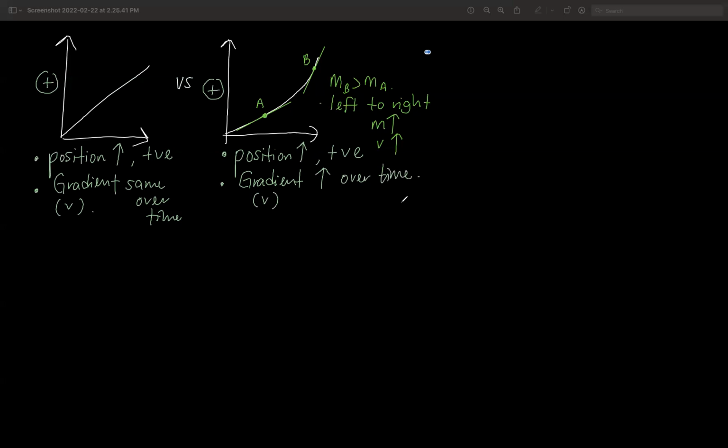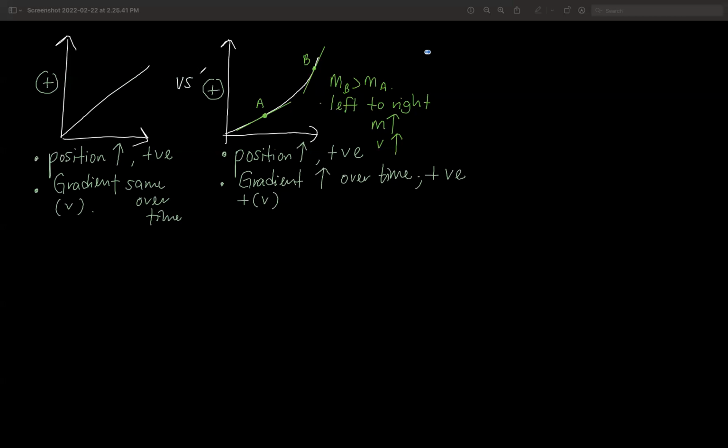Is it a positive gradient or a negative gradient? 你看它的 slope，如果它是上去的，就是 positive，往下来就是 negative。所以我们这个的 gradient 是 positive gradient。Okay, positive gradient that means 我的 velocity 是 positive velocity。Okay, positive velocity.